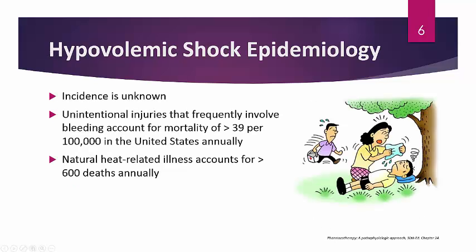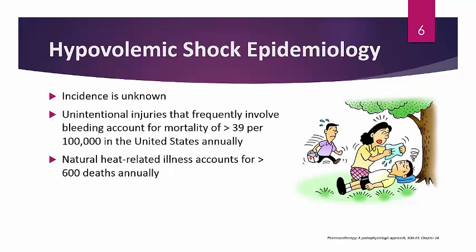Just to give you a little background about what we're going to talk about today in regards to hypovolemic shock. The incidence of hypovolemic shock is unknown. However, it is a relatively common disease state that is seen in emergency room and hospital admissions.